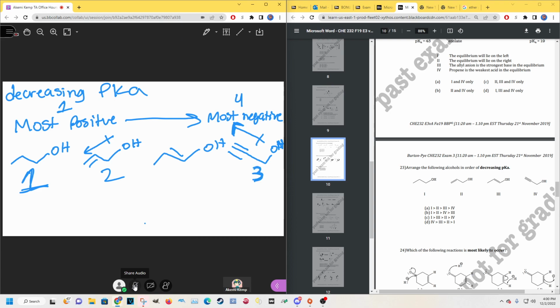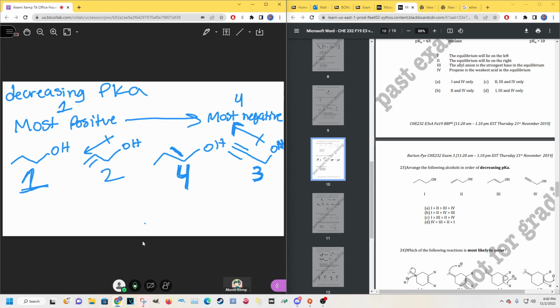And that leaves this OH here in the middle. This would be the most acidic. Why is that the most acidic? Oh, the third one, because of resonance. You see where the double bond is here? It can resonate.